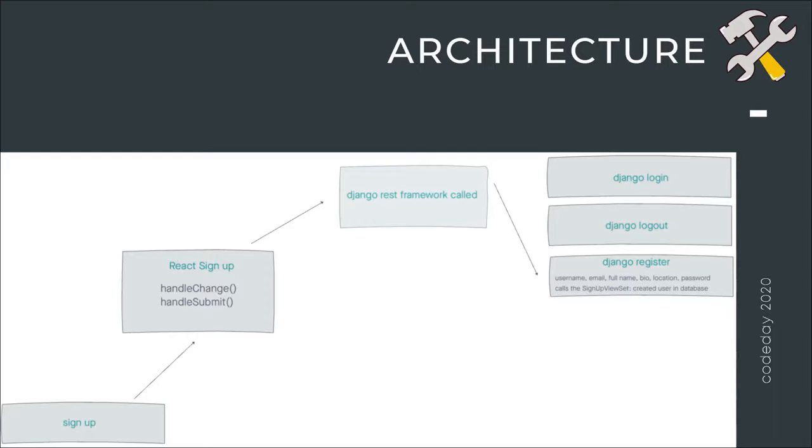The sign-up action triggers the Django sign-up viewset. The Django sign-up viewset takes the information the user gave in the form and first compares the username and email to the existing database. This is to make sure that no two people have the same email and/or username.